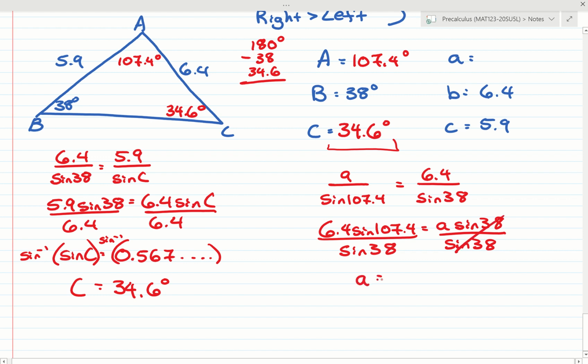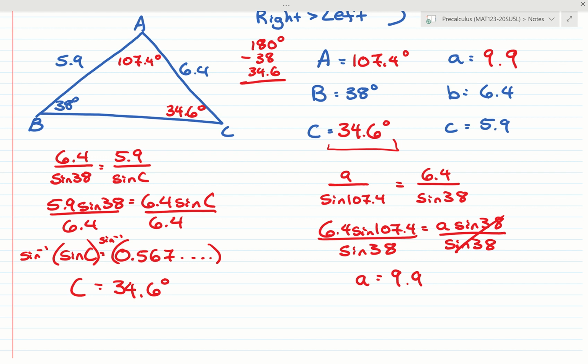And we get that side A is equal to 6.4 times the sine of 107.4 divided by the sine of 38, and we get 9.9. Okay, so we have one solution. We just figured out exactly what it is, and that's good.